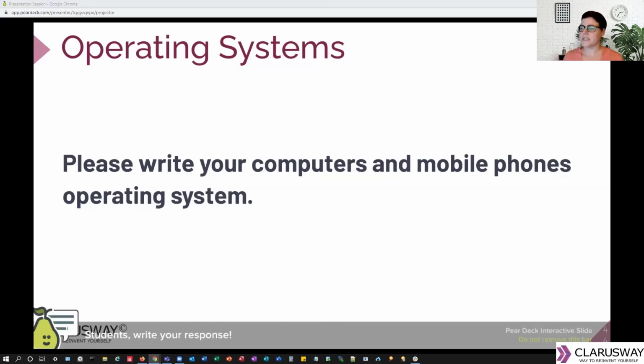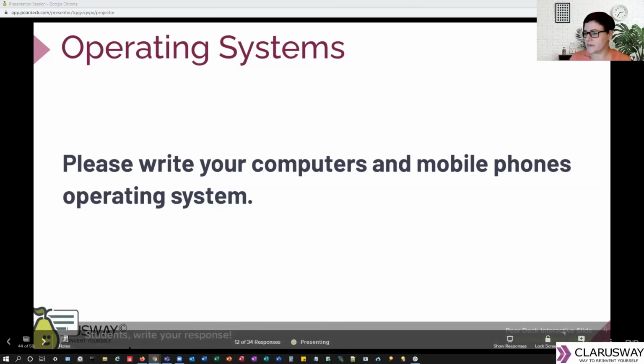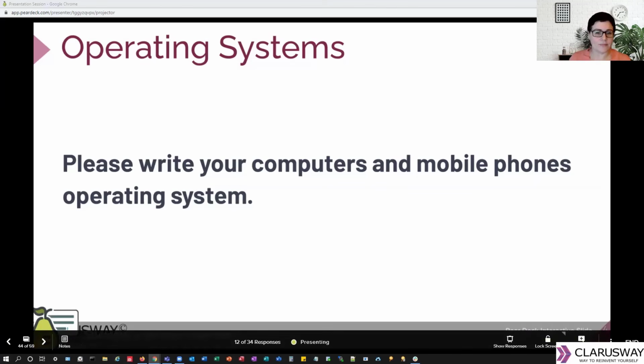All right, take out your phones. Let me know what type of operating system your computers and phones are using. If you have an iPad, what operating system is the iPad using? Check that out real quick for me and show me your response in Pear Deck there.